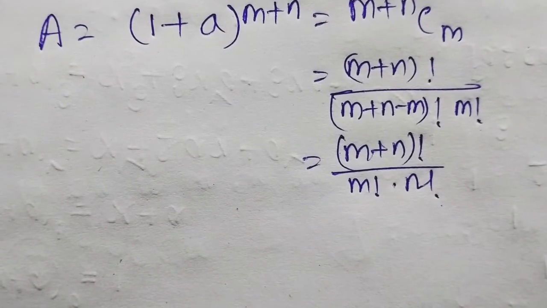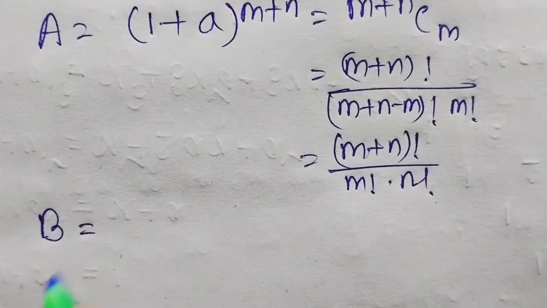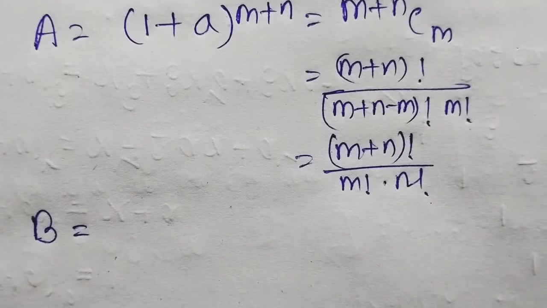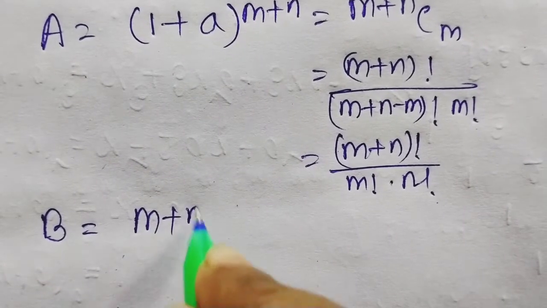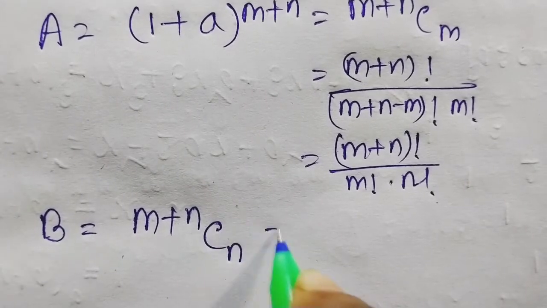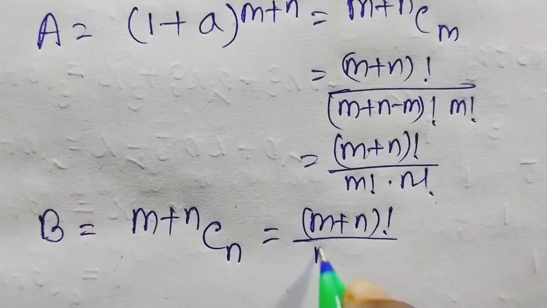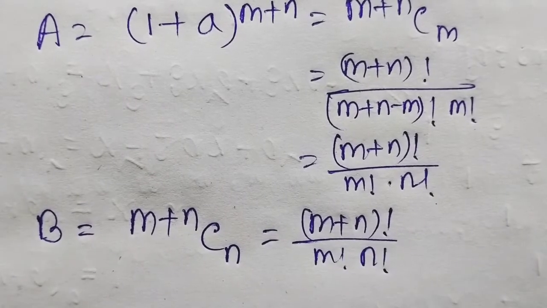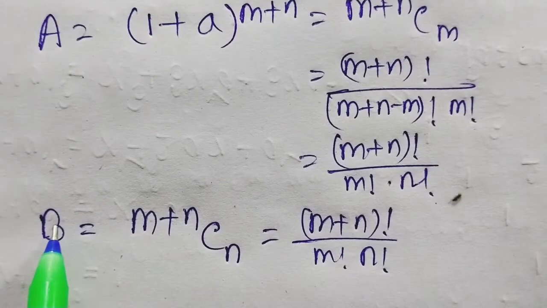And b is the coefficient of a to the power n, and here it is (m+n)Cn, so it should be (m+n)! / (m! n!). Clearly, a is equal to b.